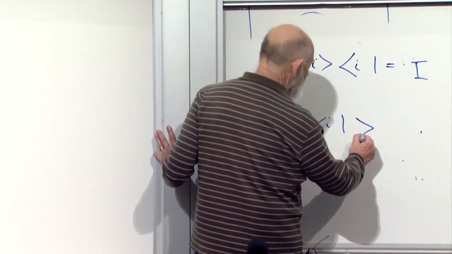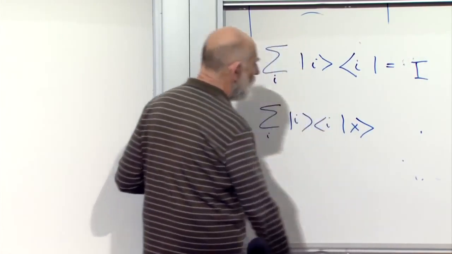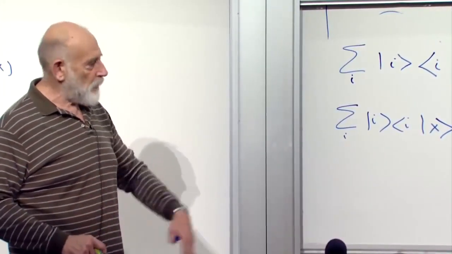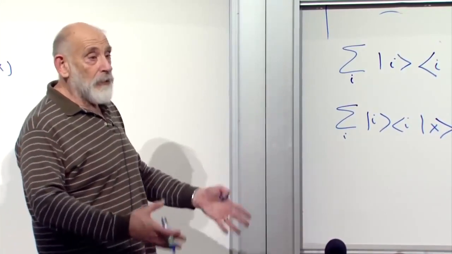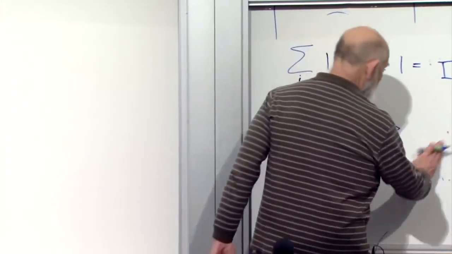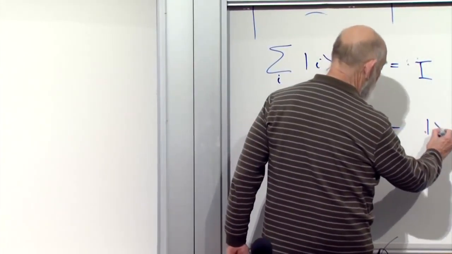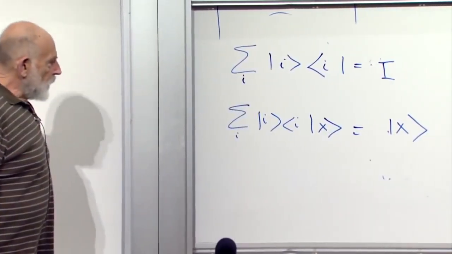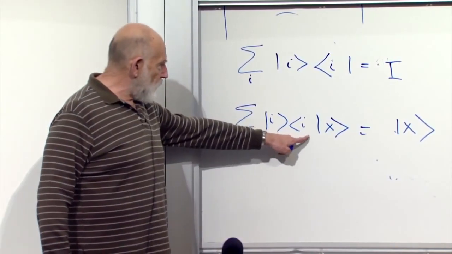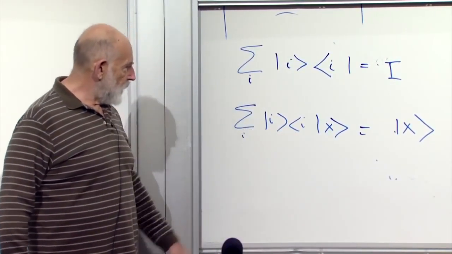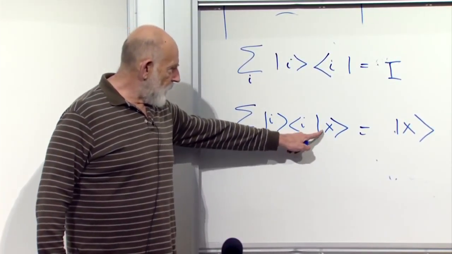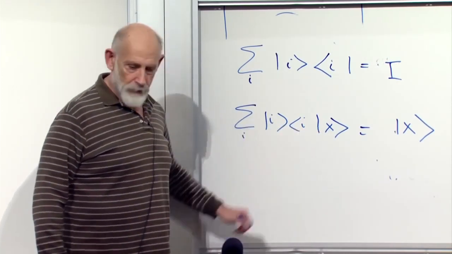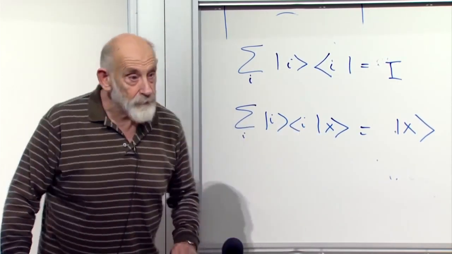And what happens if I apply it to a state in which the particle is known to be at x? I get a particle at x. I've done nothing. I've just rewritten the particle at position x. On the other hand, what is this object over here? Well, it's a coefficient, but it's also a wave function.